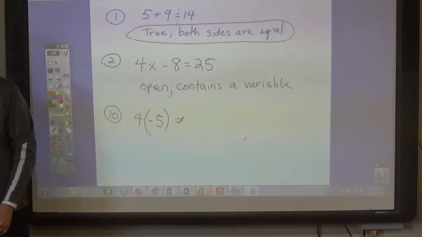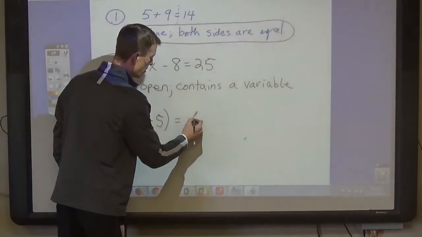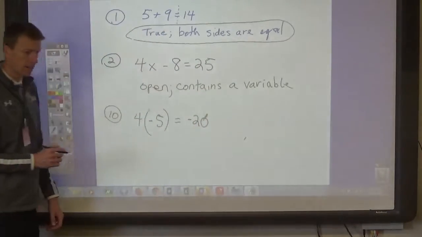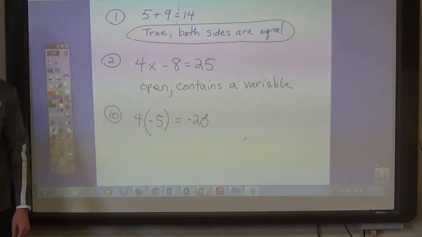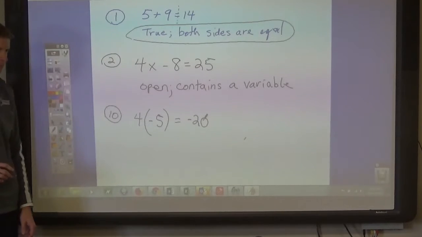Equals negative 20. So first you have to write that. And then you have to write if it's true, false, or an open sentence, and explain.